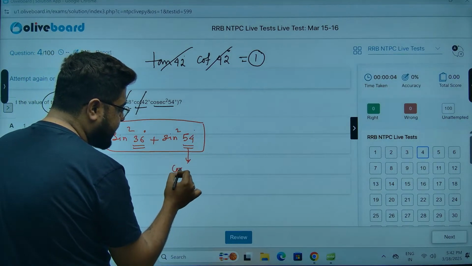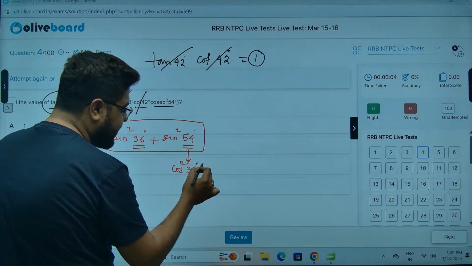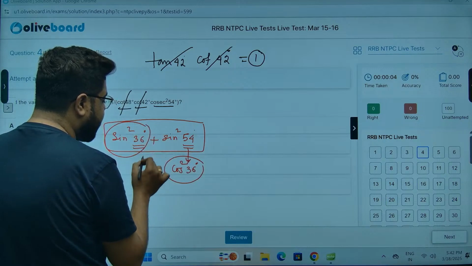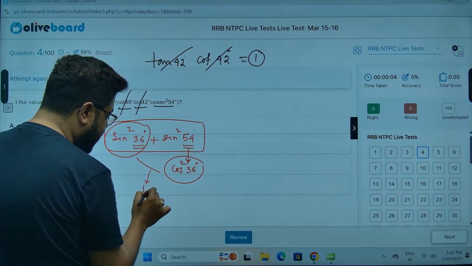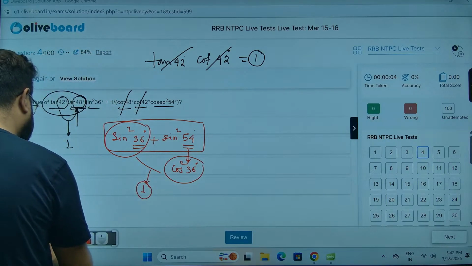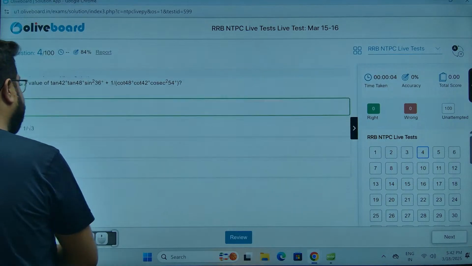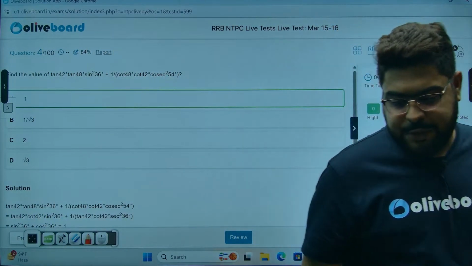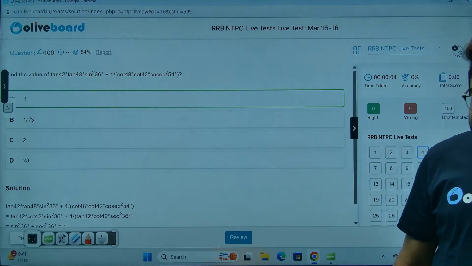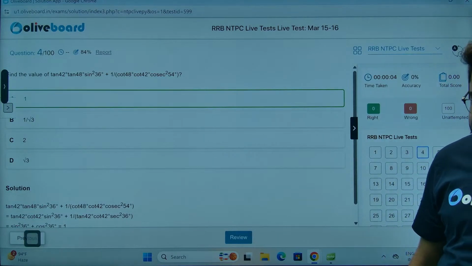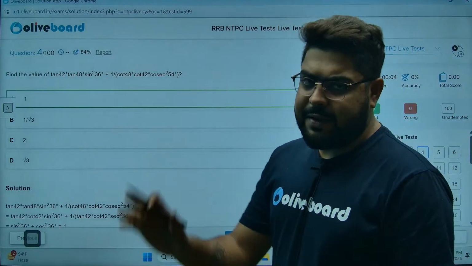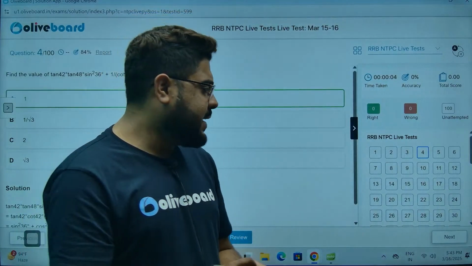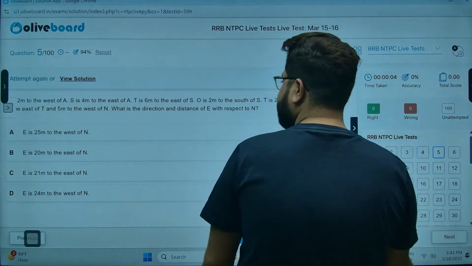I can write this as cos square 36 degree. Sine square plus cos square is equal to 1. My answer is option number one, that is 1. I hope this is clear. Very, very simple. Next question, sir.